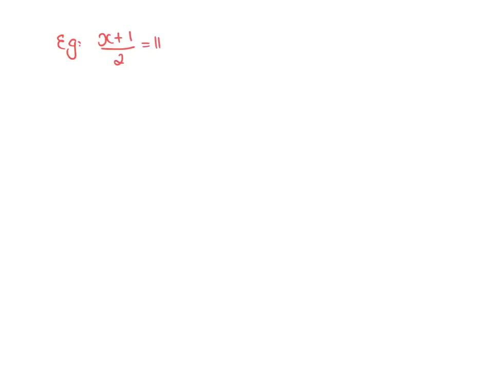Okay, let's look at what's happened in this example. First, 1 got added to the x, and then we divided by 2. So if we're going to go into the reverse operations, we're going to do times 2 first, because that was the last thing, and then we'll do minus 1.